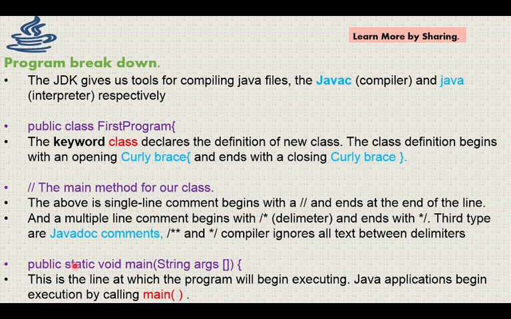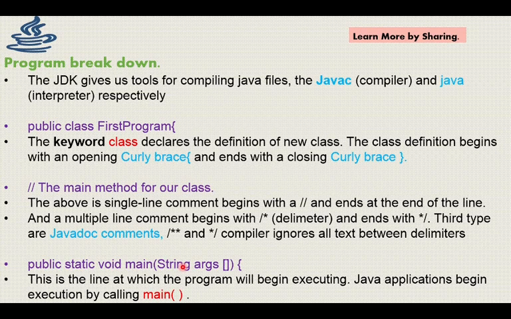So the public static void main string, all right, opening bracket, closing, inside we have string. This is a data type. Type string, meaning we want to type sentences, text like sentences, right?